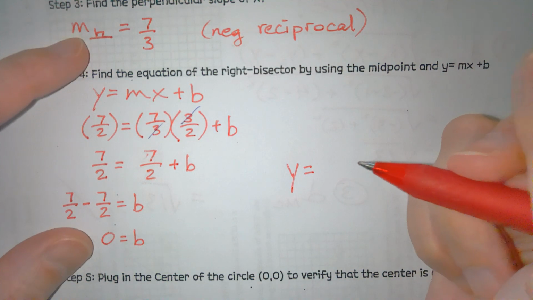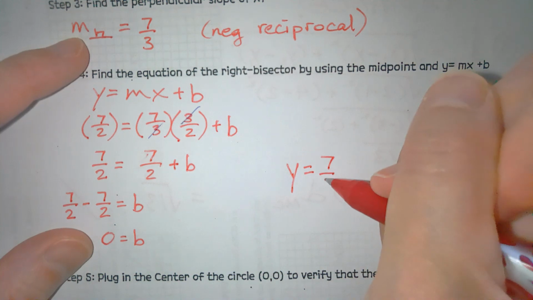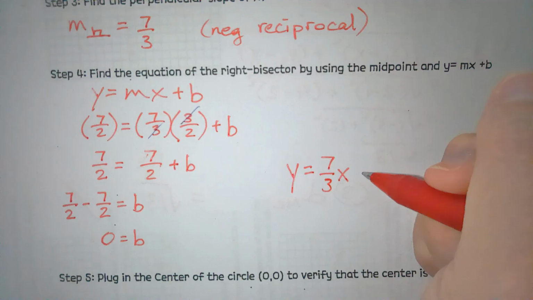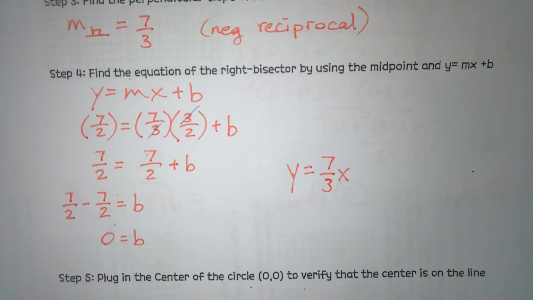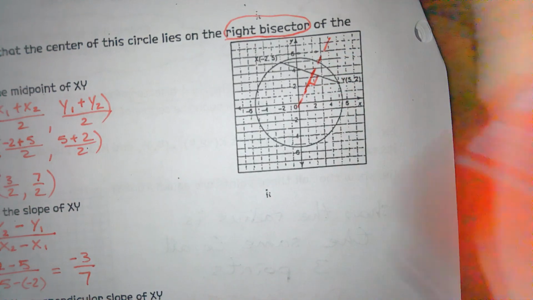I have my M, I have my B. Good. Right, because there's no B, or plus 0. Okay, so this is the equation of this red line right here.